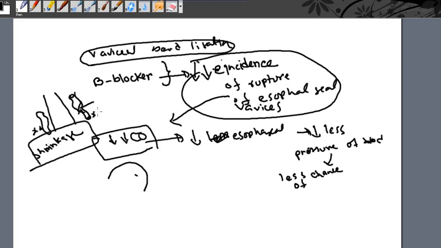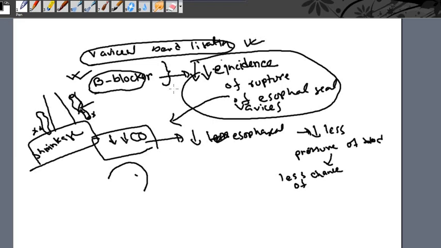So these are some authorities' beliefs, but I don't know what is actually true. But the most important thing is that if we give beta blocker to a patient with esophageal varices of CLD, or chronic liver disease, this patient will benefit massively, right?